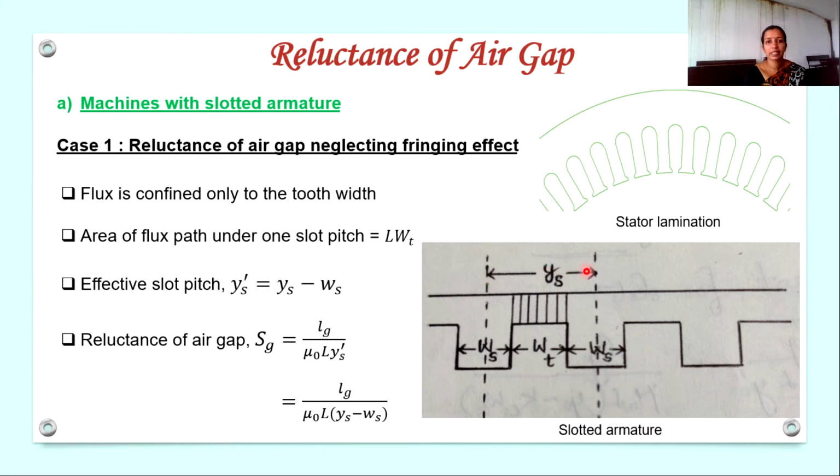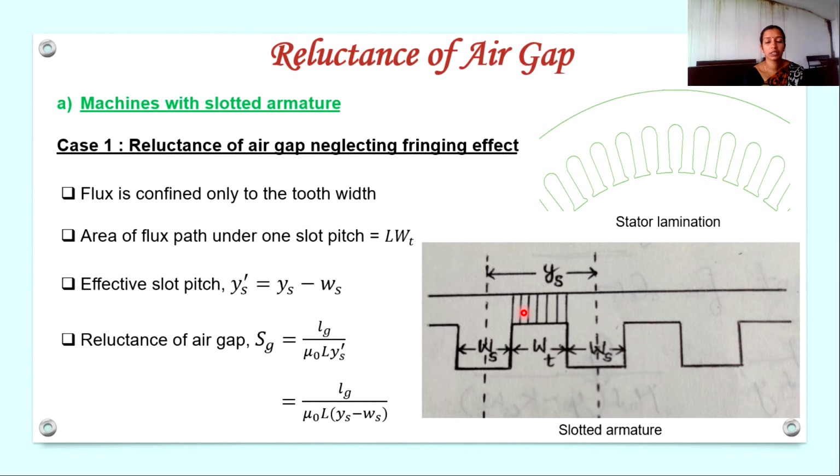In this case, that is when the armature is slotted, flux has a tendency to concentrate over the tooth or over the iron part. This is because flux always has a tendency to follow the low reluctance path.